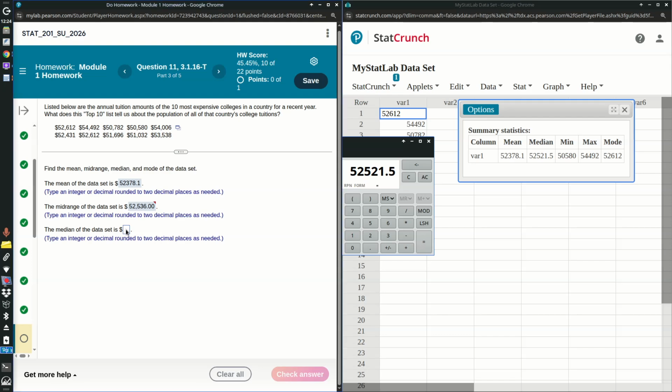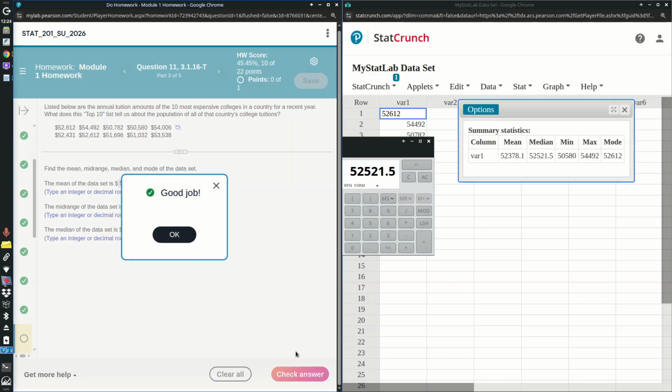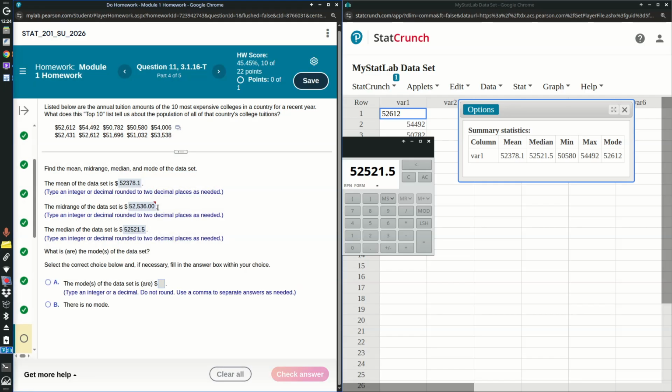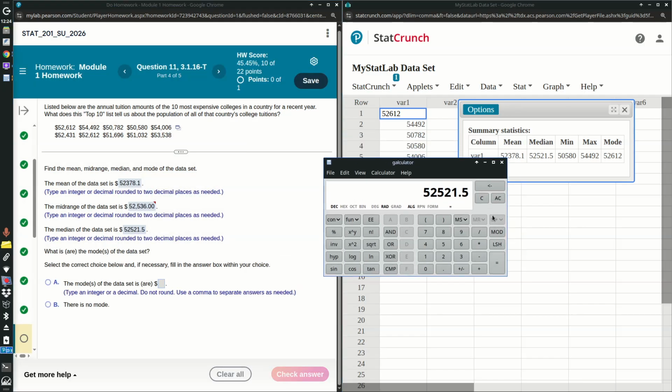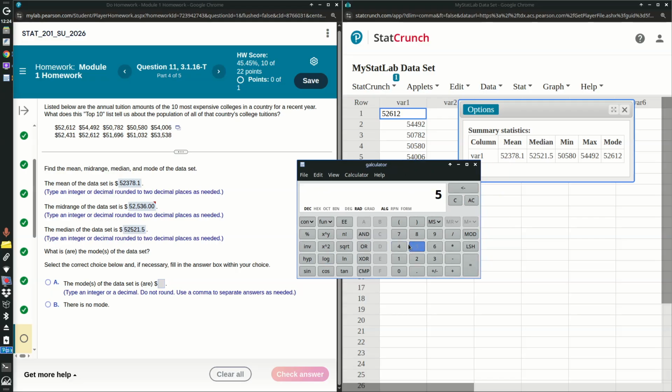I was typing in the median. So the median will be this number. The answer for the mid-range should have just been the max and the min divided by 2. So if you do 54492 plus 52612 divided by 2, that'll give you the answer.